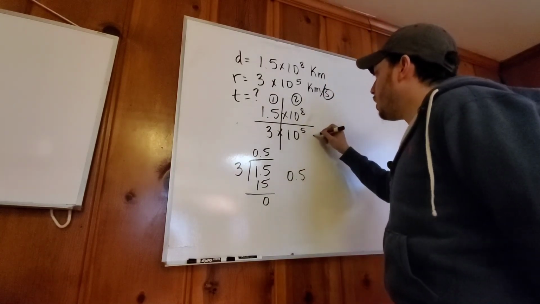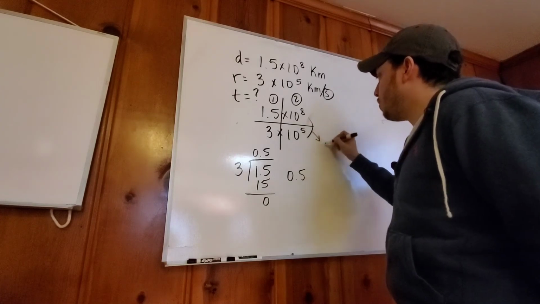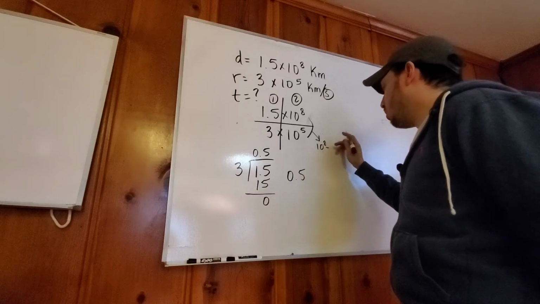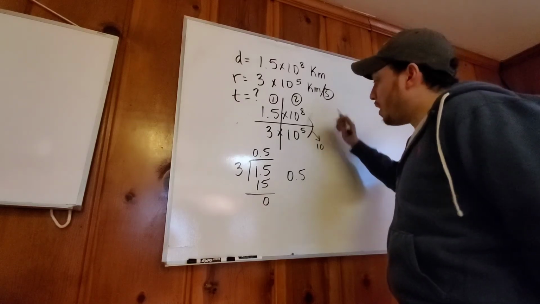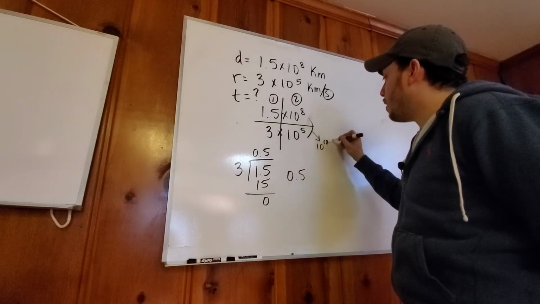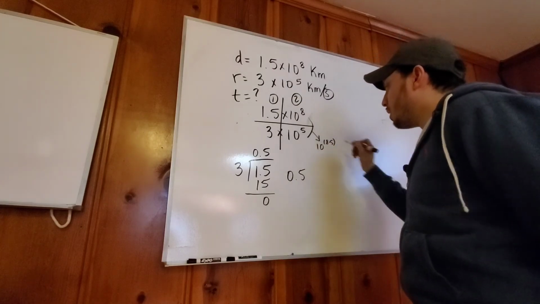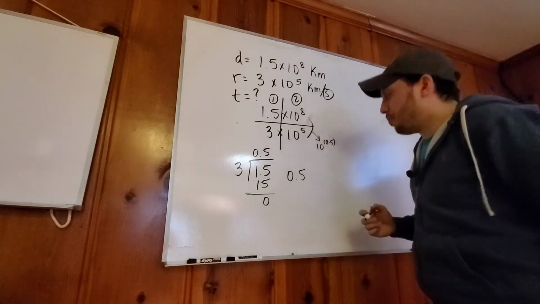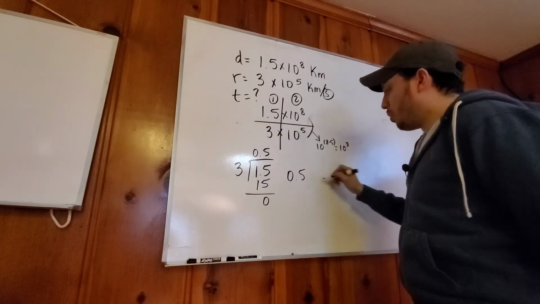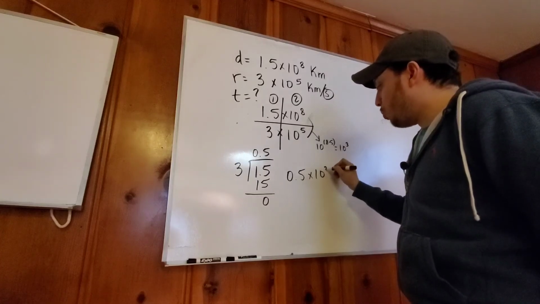And 10 to the 8th divided by 10 to the 5th is going to be 10 to the 8 minus 5, that would be 10 cubed. Okay, so I got 0.5 times 10 cubed.